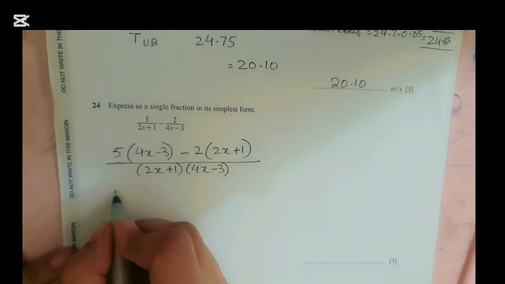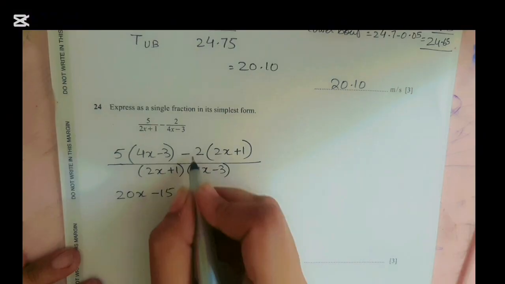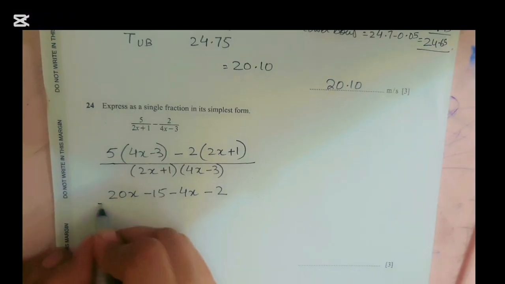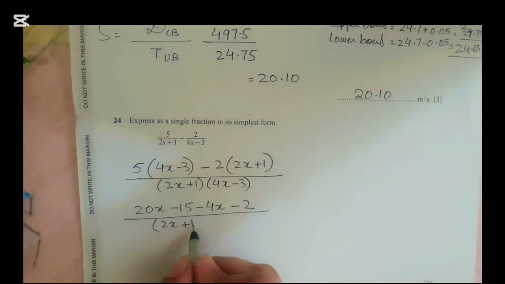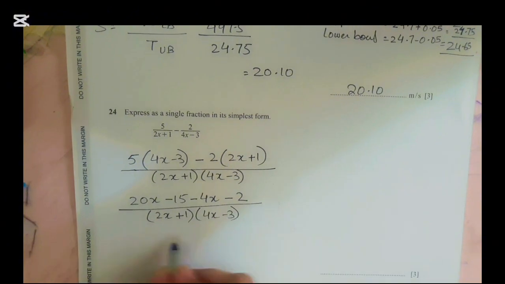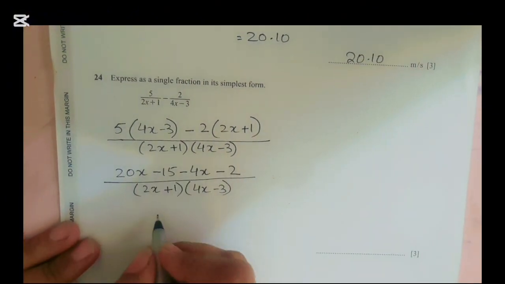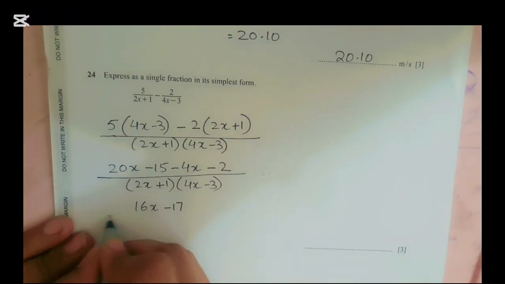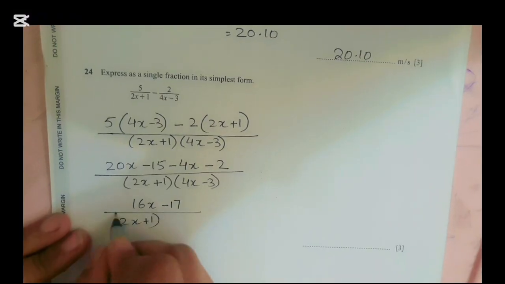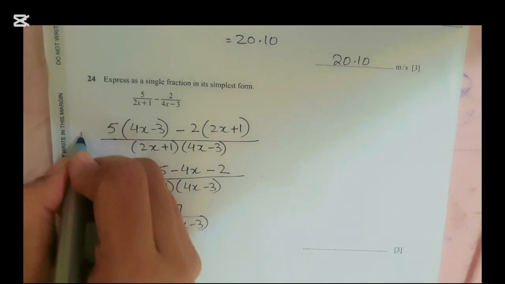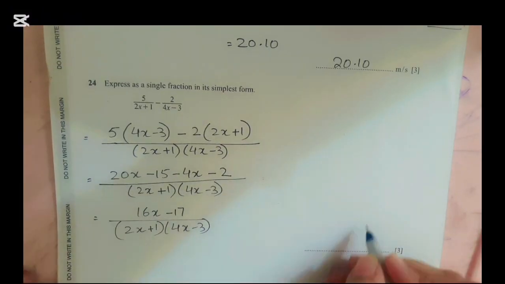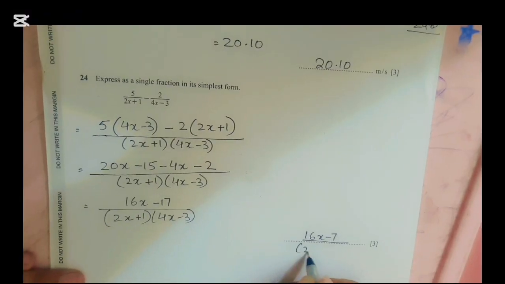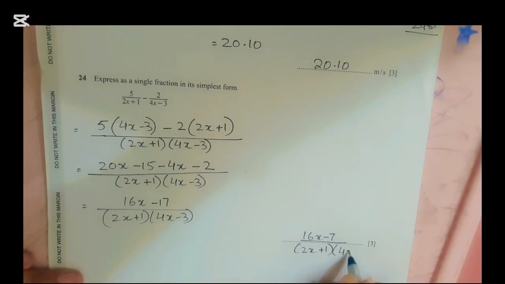Now just open the brackets: 20x minus 15 minus 4x, and plus minus is minus 2, and now just copy the denominator as it is, and now add or subtract. 20 minus 4 is 16x, minus 15 and minus 2 is minus 17, over 2x plus 1 times 4x minus 3. So this is our answer, because it cannot be simplified further.